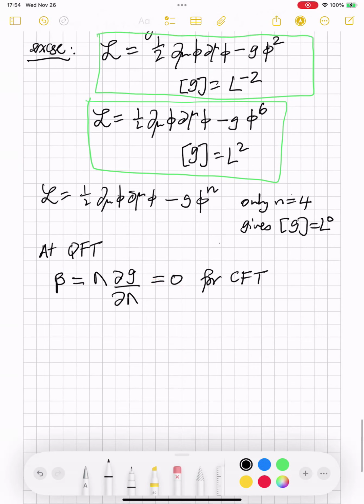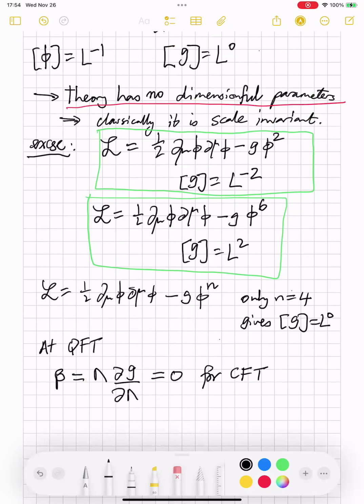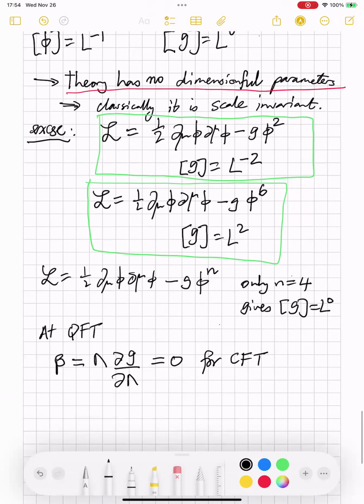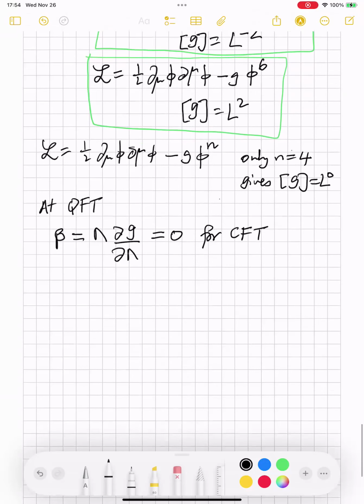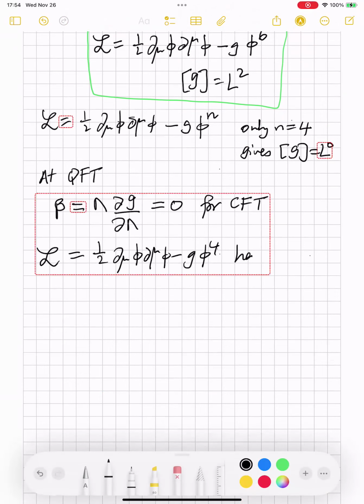So you can see that the classical condition to have a conformal field theory is that your theory only has dimensionless parameters, but that's not good enough at the quantum level. At the quantum level, we must require that all beta functions vanish. Actually, we studied this phi to the 4 theory. You might remember this from last year. So when we studied this phi to the 4 theory, let me just put it down again. This 1/2 d mu phi minus g phi to the 4 theory has a beta function which is positive.